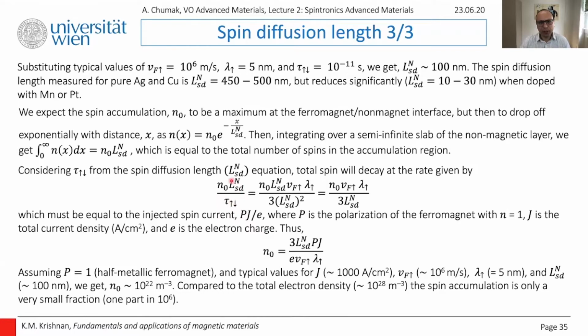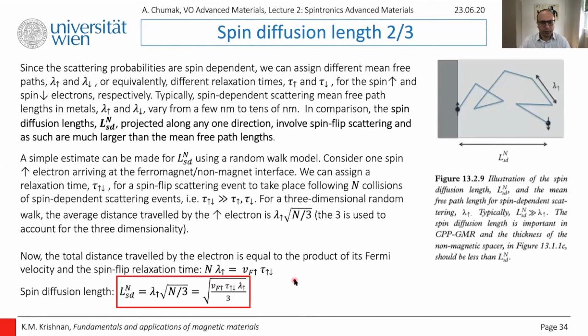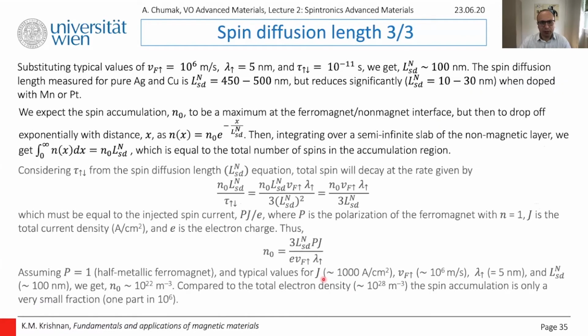I show it here, and what you do afterwards is plug in tau from this formula defined in terms of spin diffusion length, and when you put it here, after the simplest arithmetic, you will get such a value for the decay rate of spin accumulation.